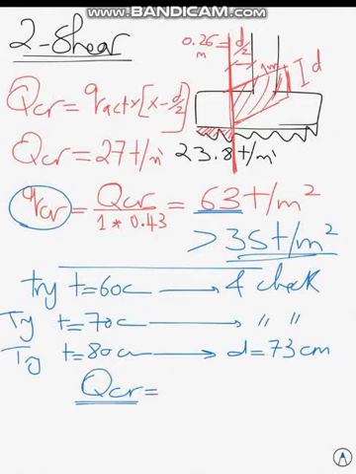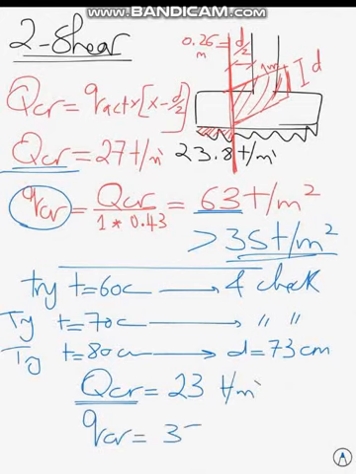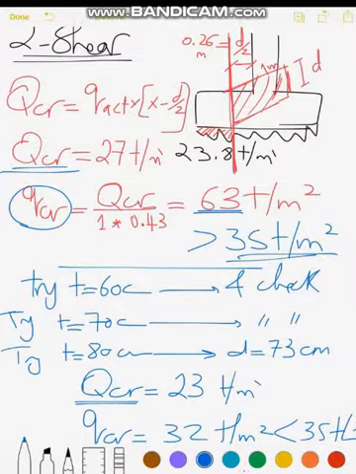You have to know that the critical shear force will be different at different depths for the footing. It will be 23 ton per meter run. The critical shear stress in that case is 32 ton, and hopefully it is less than the allowable. So I ended the shear and moment checks, the two cases for the proper design of an isolated footing.